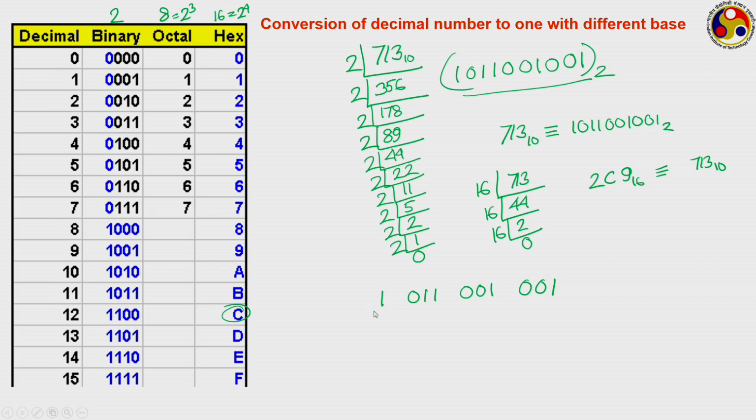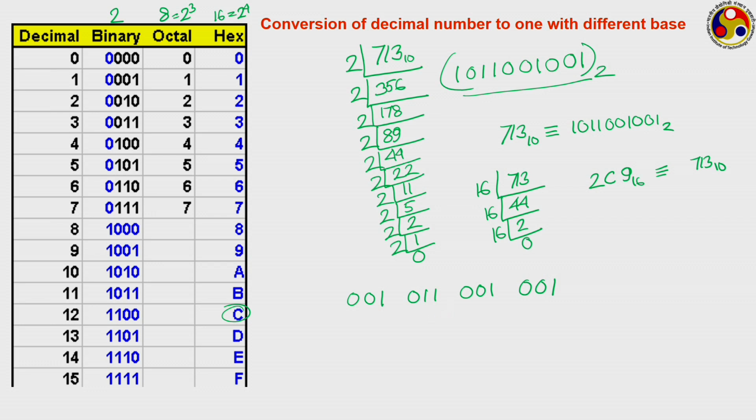But we need to have 3 digits in each group. So, put leading zeros. We know that putting leading zeros will not alter the value. So, it is the same binary number, but we have written it by keeping a space after every third digit.